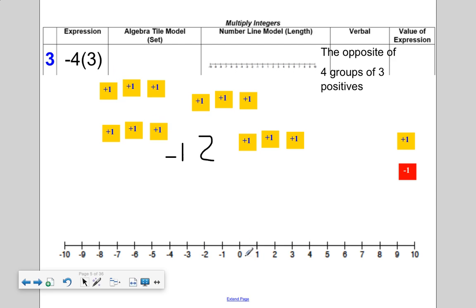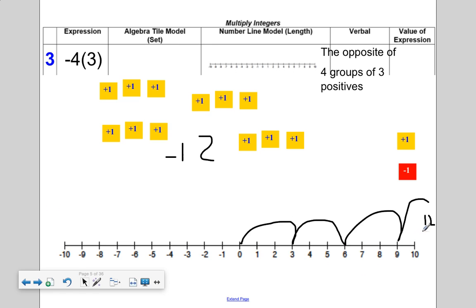We could represent this on a number line. It says opposite of 4 groups of 3. So here is one group of 3, second group of 3, third group of 3, and a fourth group of 3 would be 12. But it says opposite of. So what's on the other side of the number line?